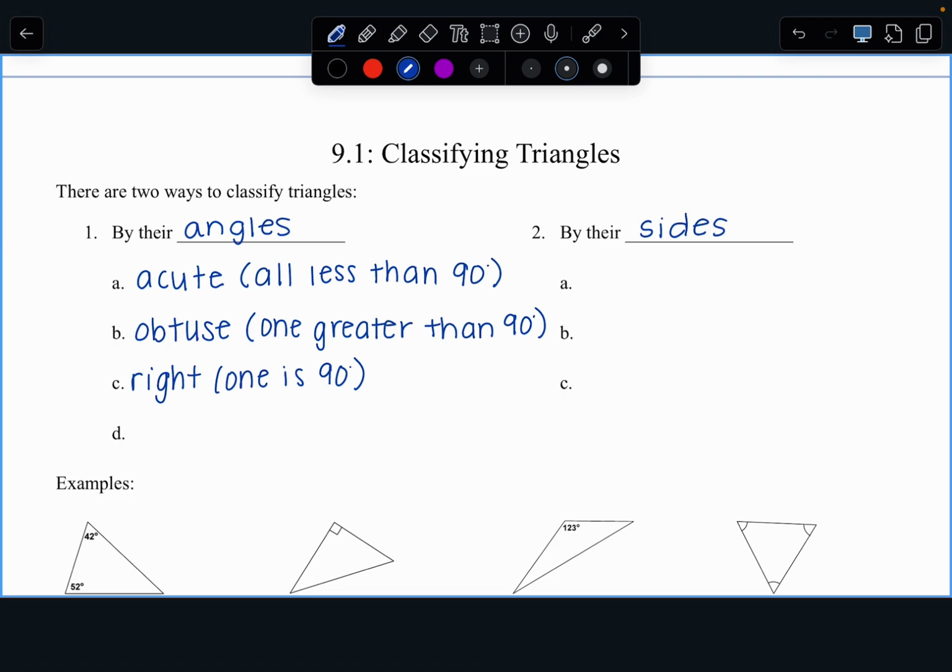We also have one where all of the angles are equal to one another, which would be 60 degrees for each angle, and that is called equiangular. And that is when all are 60 degrees.